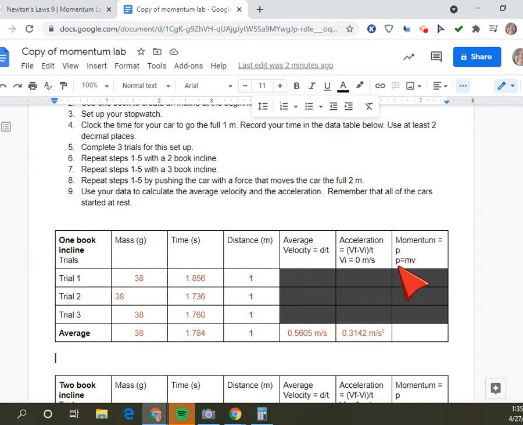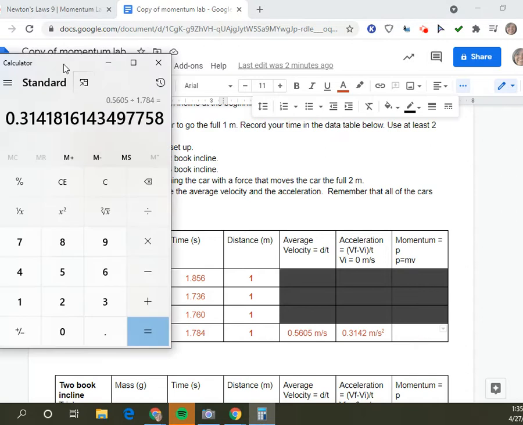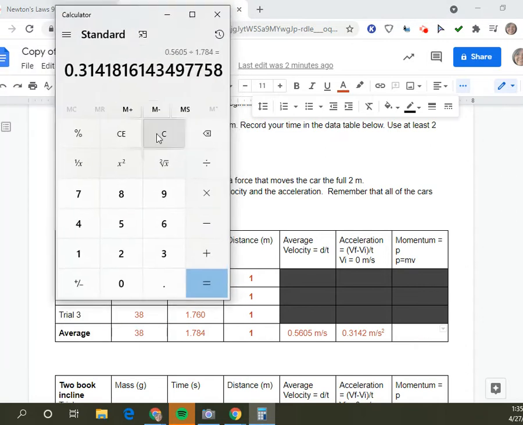But P equals mass times velocity. So we're going to come back and get the mass of the car times the velocity, and that's our momentum. And we'll discuss that here in just a second. But let's pull up our calculator and get that calculation completed. Mass times velocity.